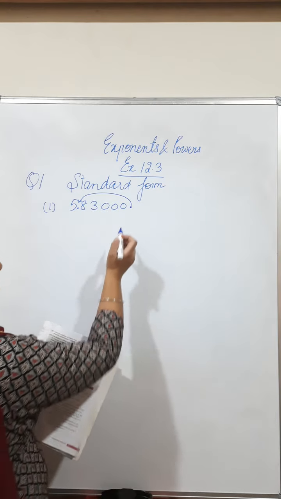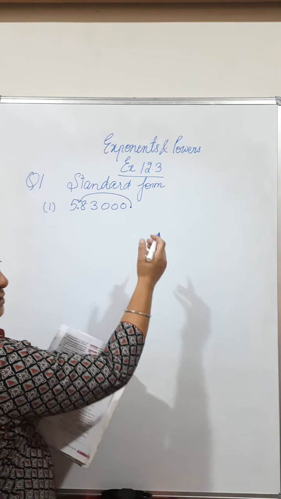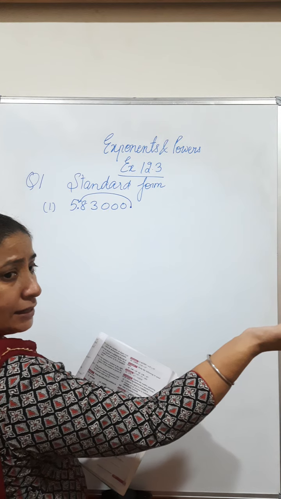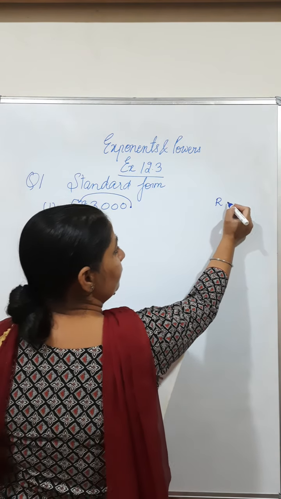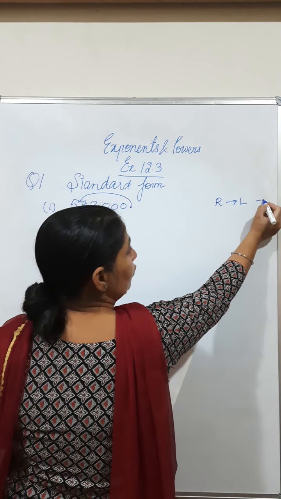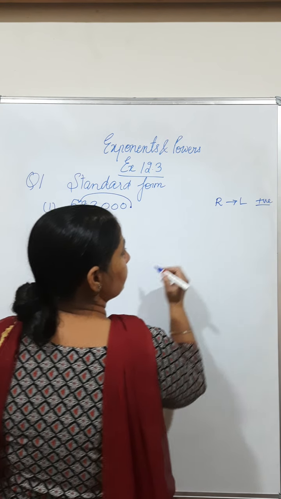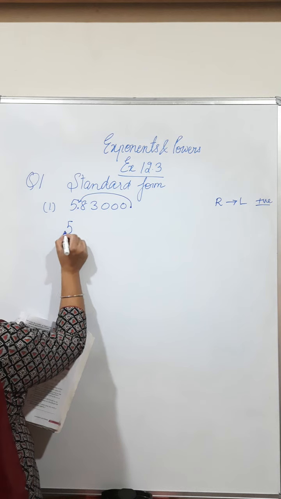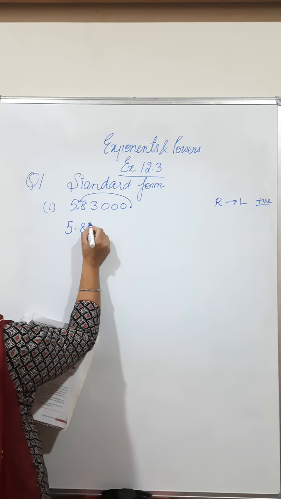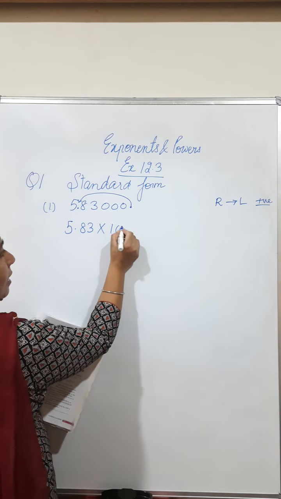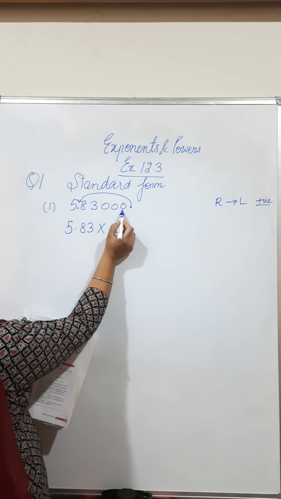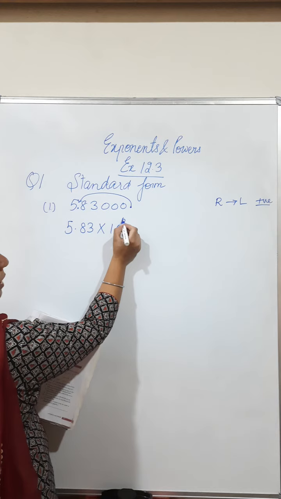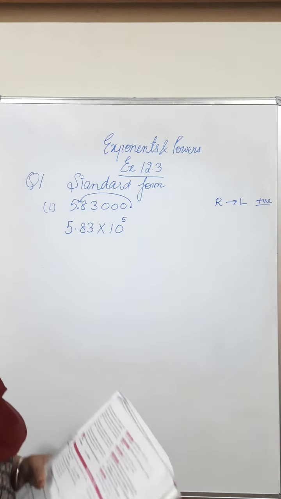And now see, you are having the decimal on the right hand side and you are shifting it to the left hand side. So when you will be shifting from right to left, you will be taking the positive powers. Means I will write this number as 5.83 into 10 and I will just count how many digits are coming from here to here. It's 1, 2, 3, 4, 5. So the answer will be 5.83 into 10 raised to power 5.